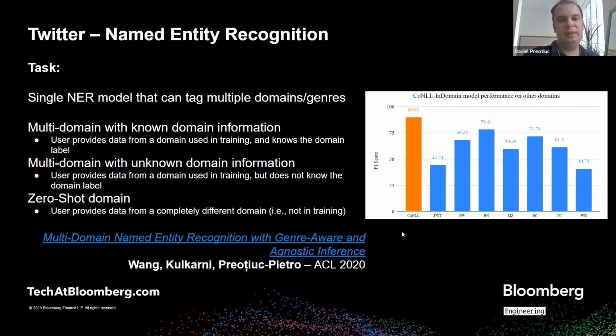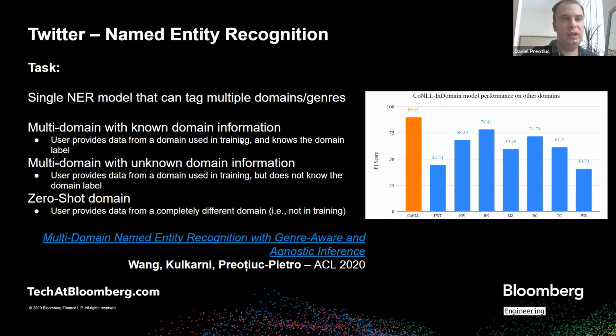But rather than focusing on a single source, single target experimental setup, where you have a domain with a lot of annotated data and you want to improve performance on a domain where you don't have enough data, we introduced 3 experimental setups that test the ability of an NER model to use data from multiple domains, and to tag data from multiple domains.